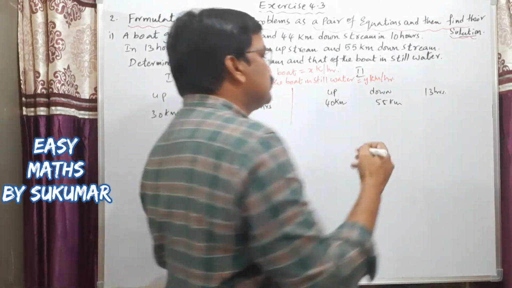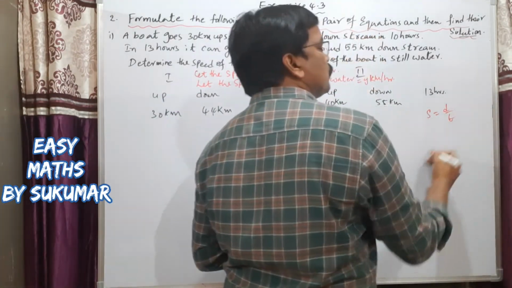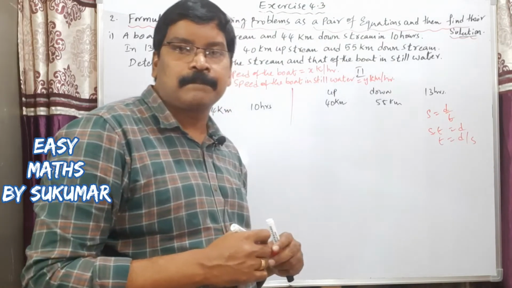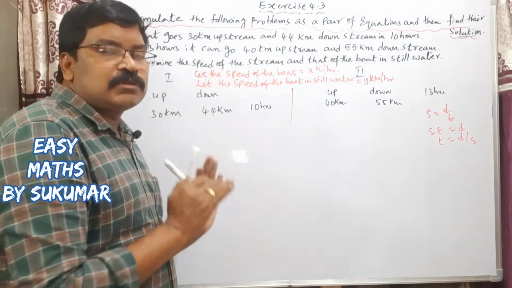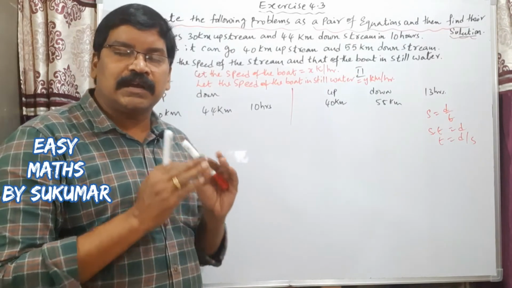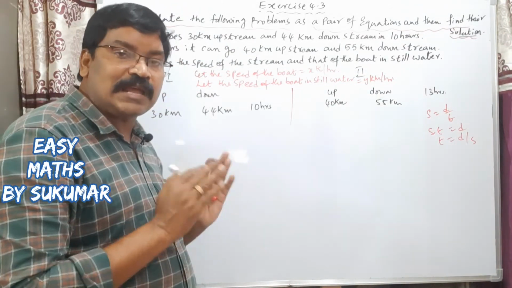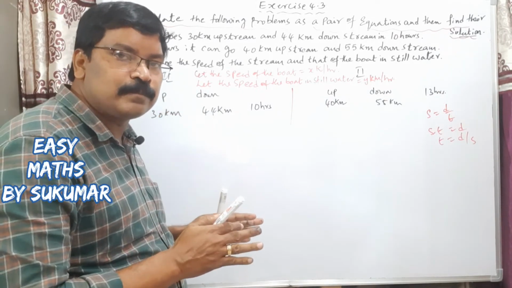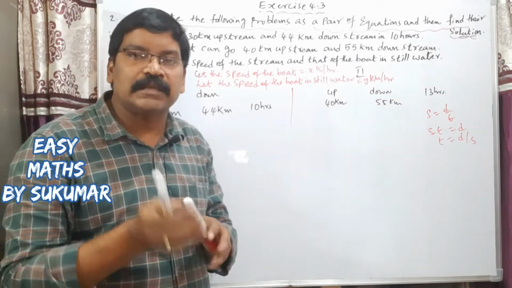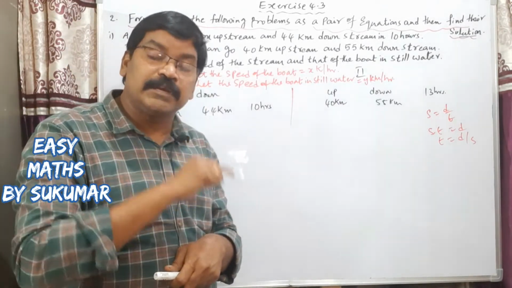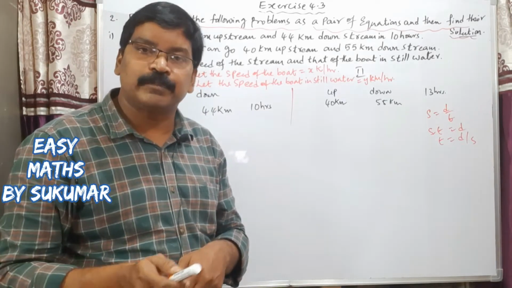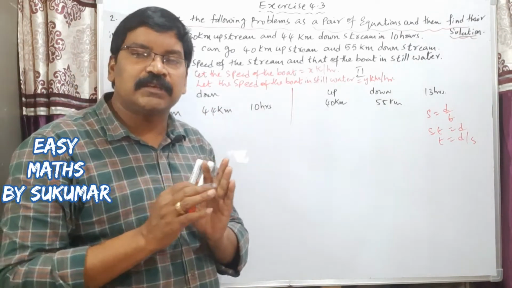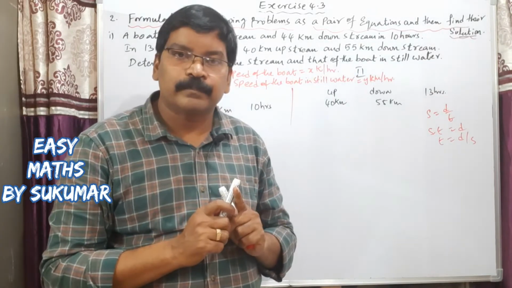Actually, speed is equal to distance by time. So speed into time is equal to distance, and time is equal to distance by speed. Now, if a boat is traveling in the direction of the water stream, then the relative speed will be the speed of the boat in still water plus the speed of the stream, so we should add x plus y.